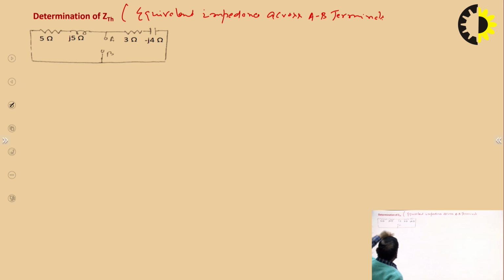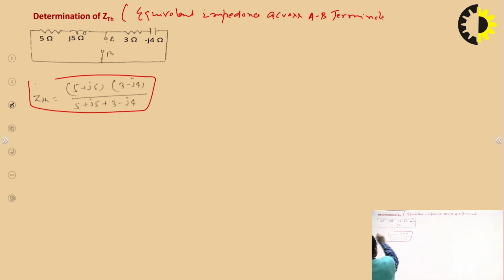Now we have to find the impedance across AB. So this 5 ohm plus j 5 ohm is in parallel with 3 minus j 4. So we can easily find out the equivalent impedance. So this and this, they are in parallel. So this is the ZTH.